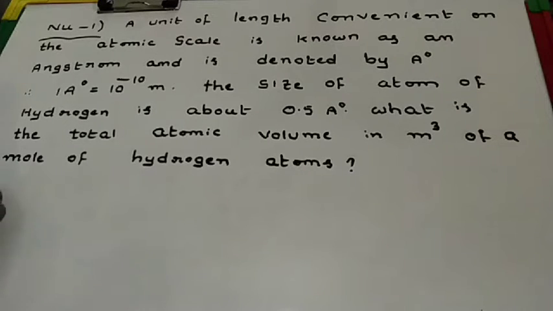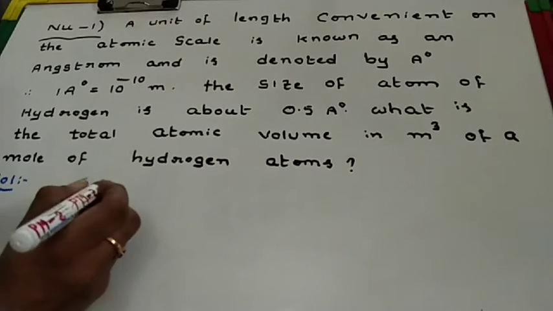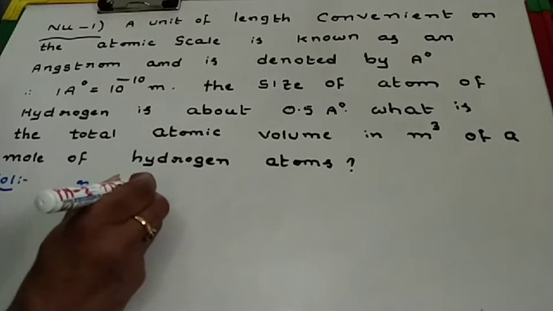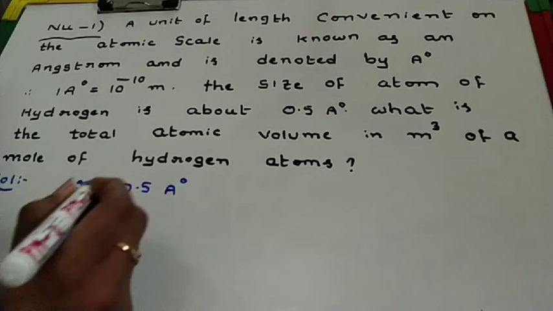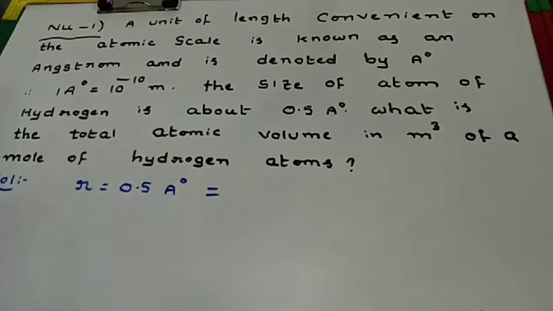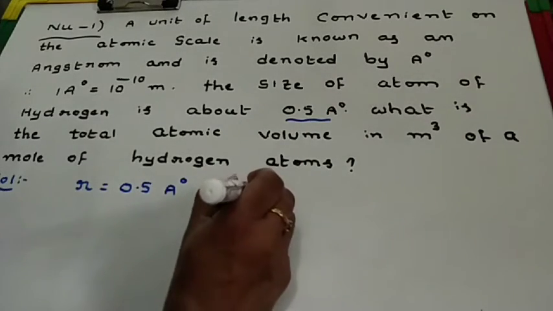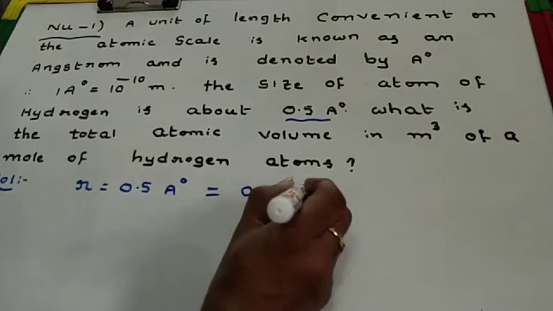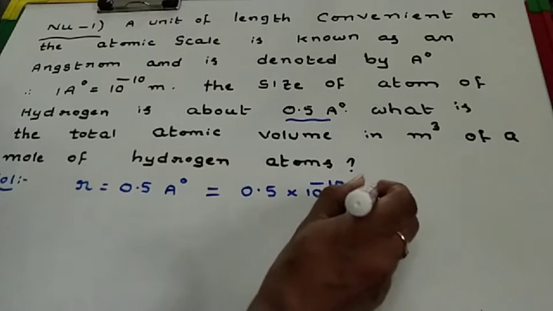What is given? R is equal to 0.5 angstroms, that is equal to 0.5 into 10 to the power of minus 10 meters.